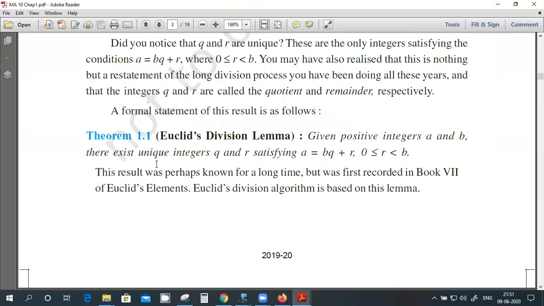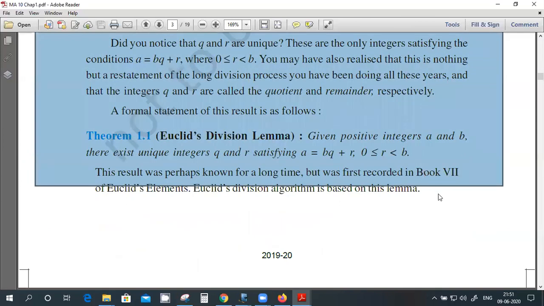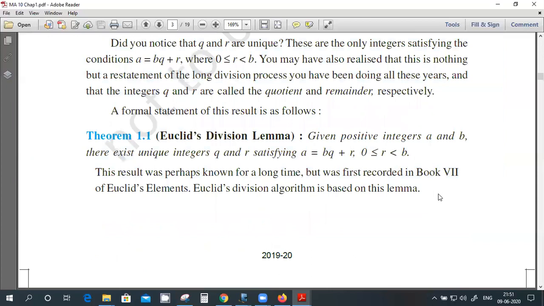The quotient and remainder are unique for given positive integers A and B.